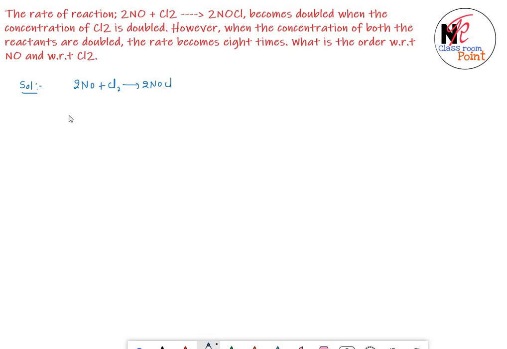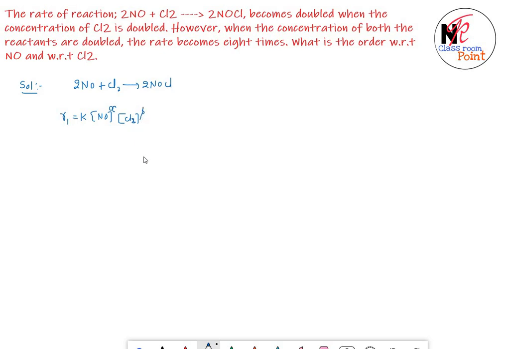So initially let's try to write down the rate equation. Rate R1 equals some constant K into concentration of NO power alpha, let us take, because we don't know how many molecules are participating in the rate determining step, and Cl2 power beta.